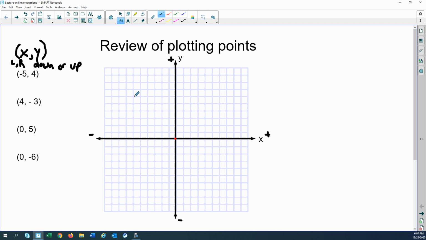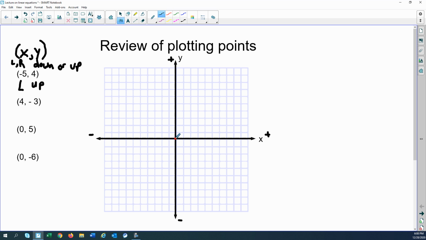So let's look at our first point here. We have -5, 4. So in the x direction, we're moving -5. So that's a left direction. And then +4 is an up direction. So let's figure out what we have going here. So left, again, remember we're starting at the origin, or 0, 0.